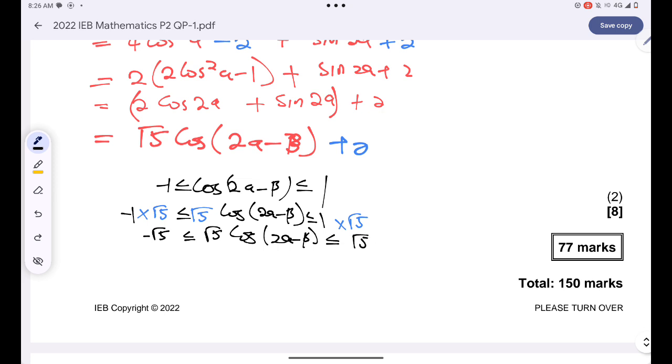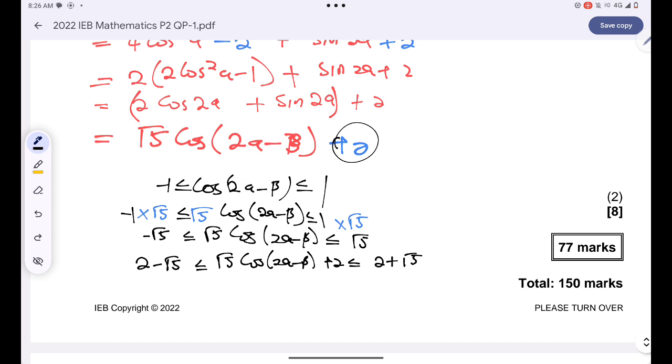Okay. But remember that there's a 2 there. If I add the 2 inside, I must add the 2 on the other two sides as well. So whenever I do that, I'll have a positive 2 minus the root 5 is in between root 5 cos of 2a minus beta plus a 2, and then I'll add a 2 this side as well.